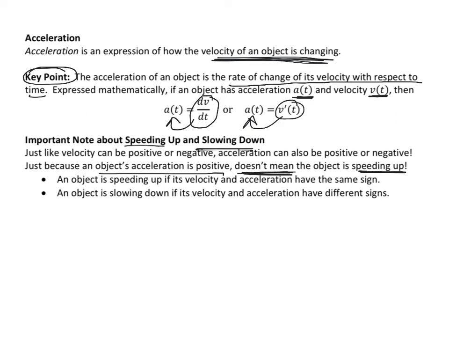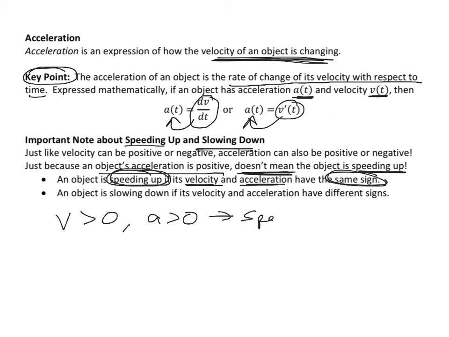I want to be very clear about this. An object is speeding up if its velocity and acceleration have the same sign. So if velocity is positive and acceleration is positive, then it is speeding up.